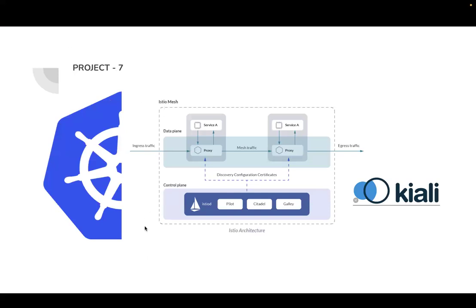Okay, what is the next thing? For project number 7, we are including Istio as a service mesh. Please understand the importance of the projects. Okay, we will be deploying Istio as a service mesh, and we are going to visualize the traffic using the Kiali dashboard. What is Istio? What is the architecture of Istio? What is the Envoy proxy?